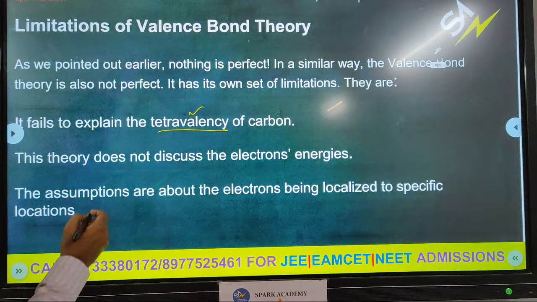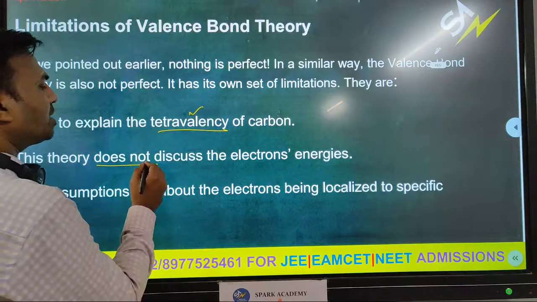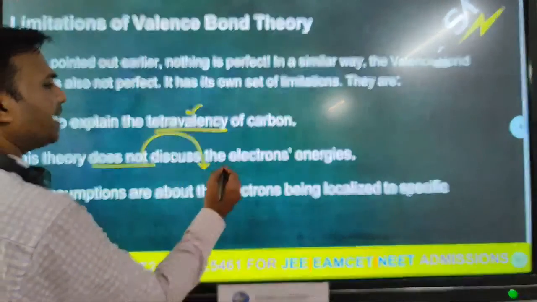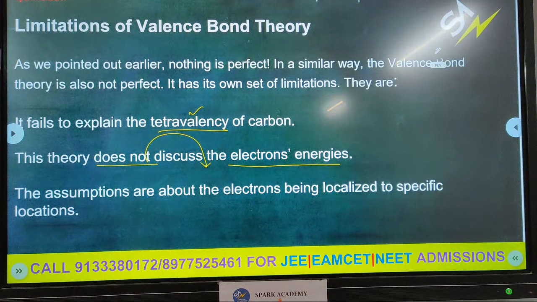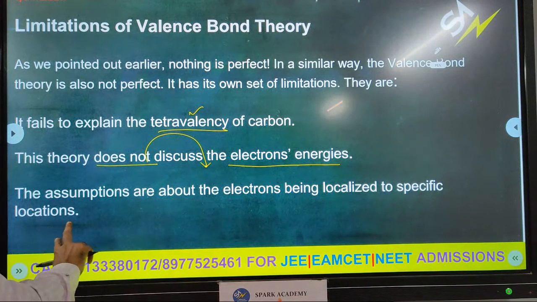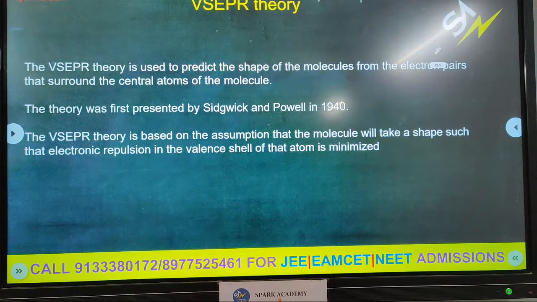Half-filled orbitals participate, but we did not use the energies of the electrons. And the assumptions are about the electrons being localized to specific locations. These things are not explained by the VBT theory.